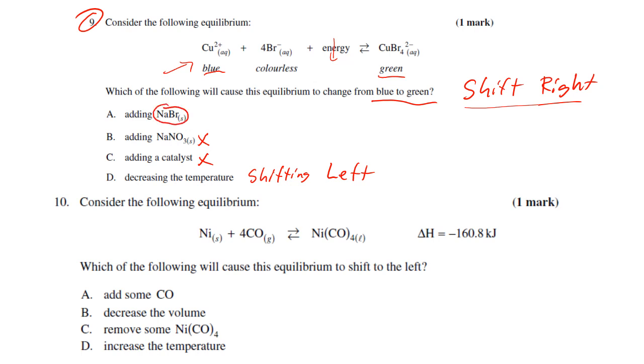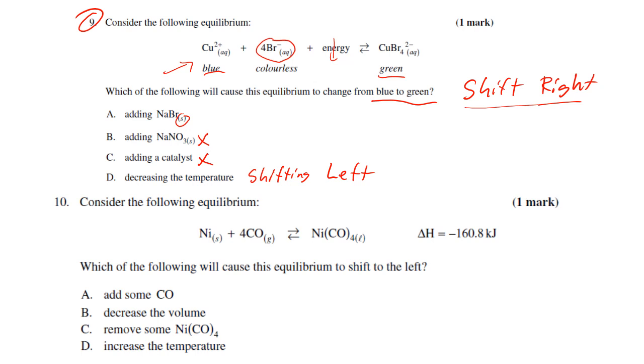You're probably wondering, what does NaBr do for this equation? Well, the Na does nothing in the equation, but the Br, I know this is solid, but it is going to dissolve in water, and the Br is going to increase this Br right here.